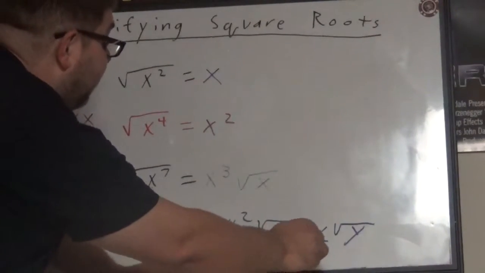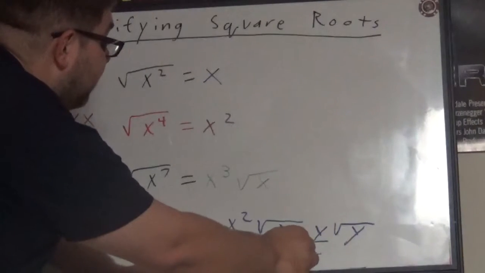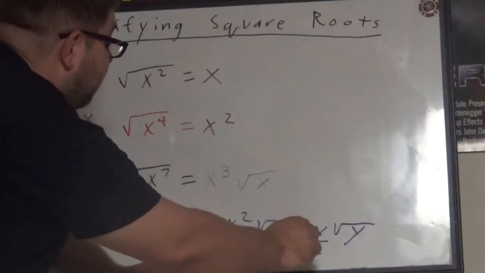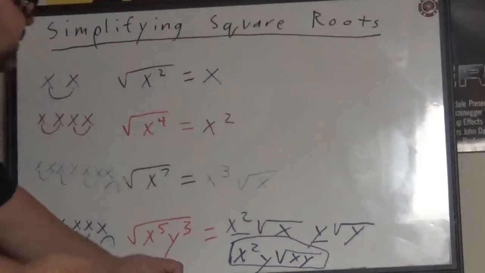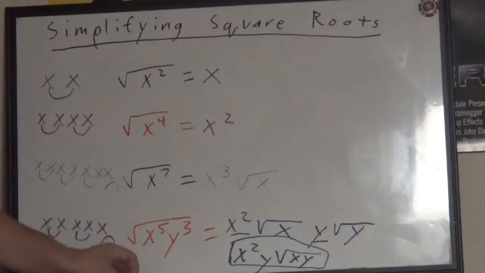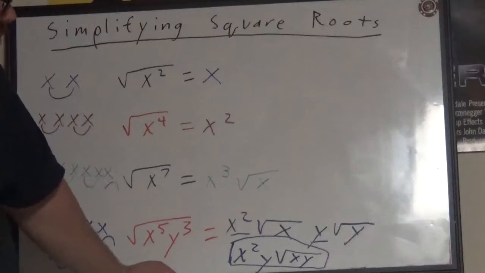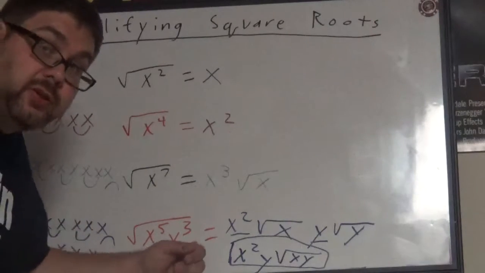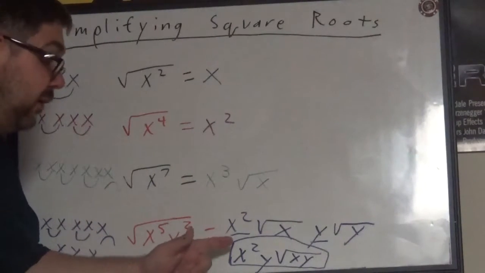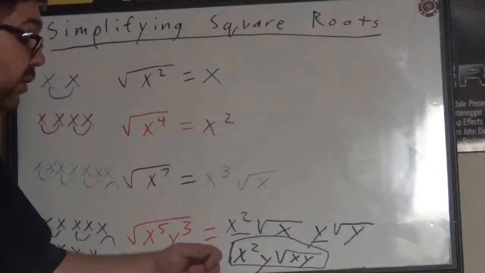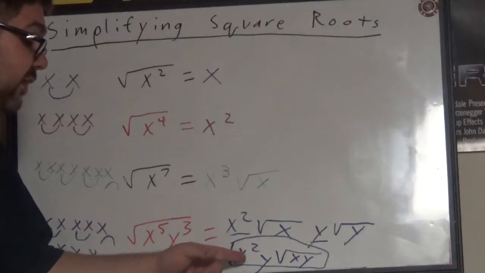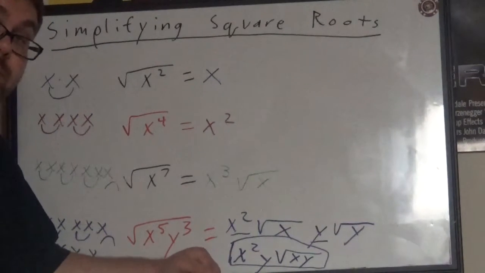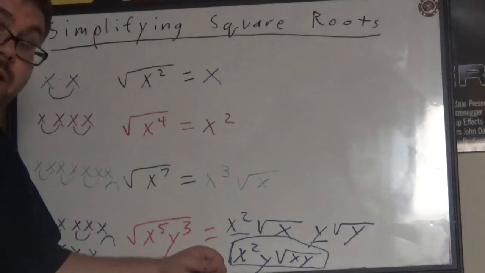We can rewrite it as the square root of xy. Oh, well, that's not very neat, but hopefully you can see. Outside the square root we have x squared y. Inside the square root we have x and y. So our total answer looks like this, and we would call it x squared y root xy.